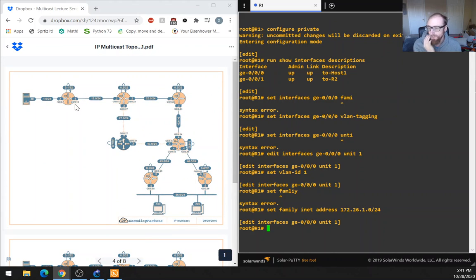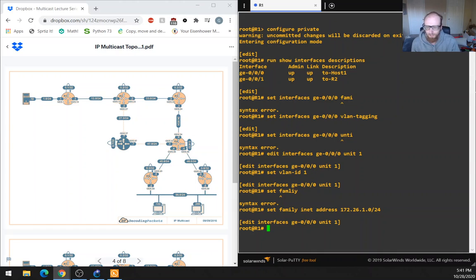GE00, and then this is GE00. So maybe they're all on a hub, or connected to a hub or something. I have no idea. Yeah, that's confusing, but it's okay. We'll just use different interfaces for each side, but we'll keep using VLANs even though they're not necessary. I just want some more practice with them.